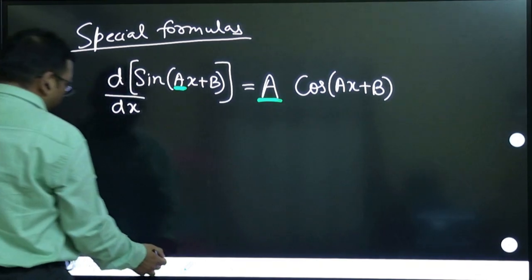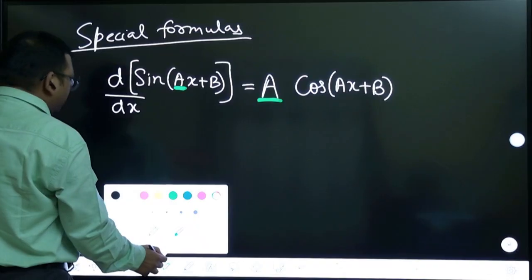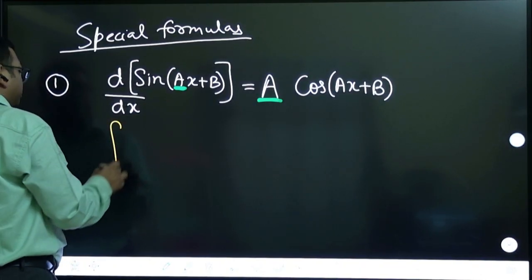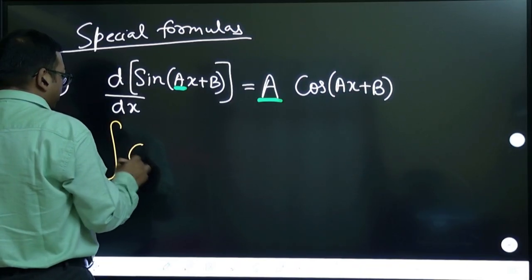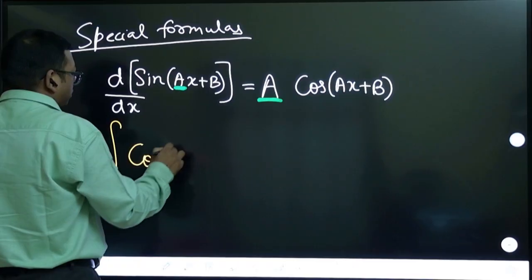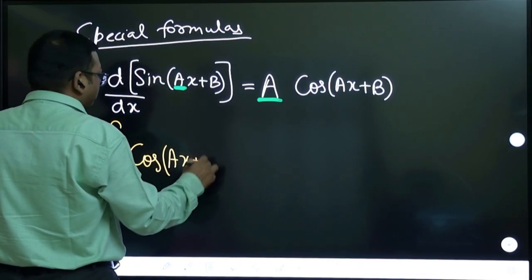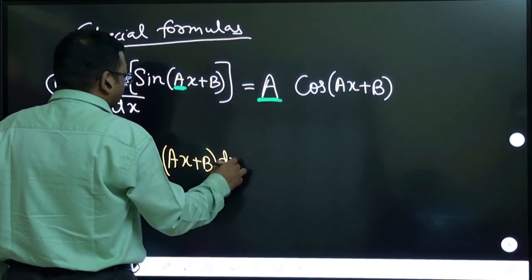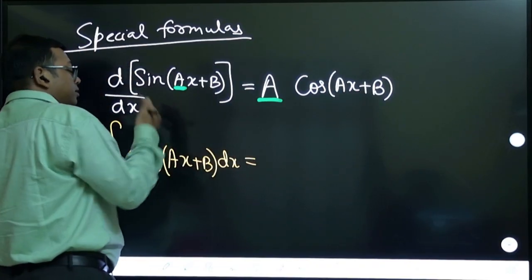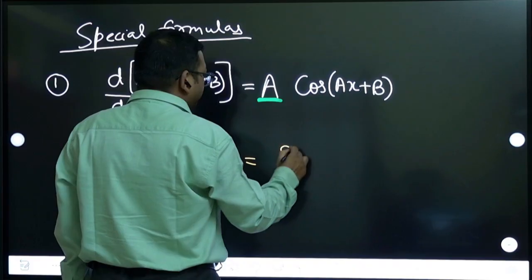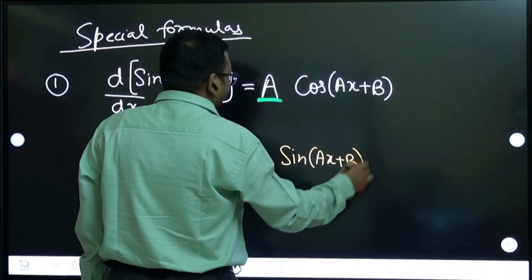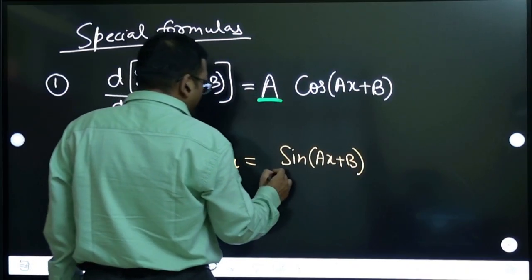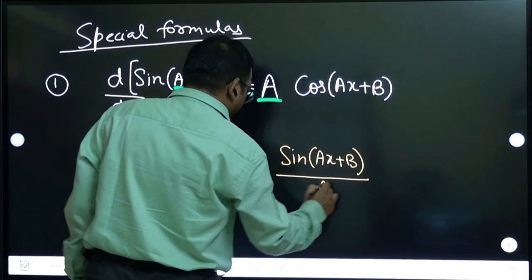Okay, so what will its corresponding integration formula be? Suppose I want to integrate cos(ax + b) with respect to x. So cos integration will give sine. But in this case we need to divide by a, that is what we need to note here.